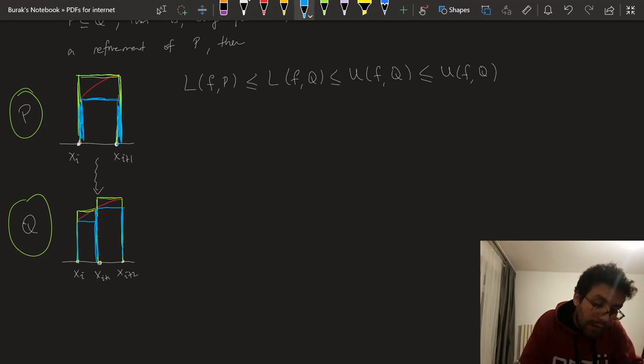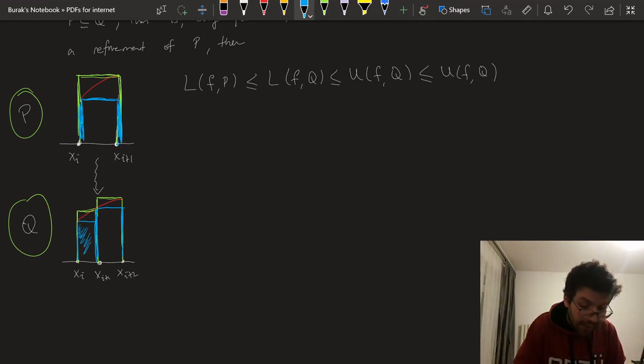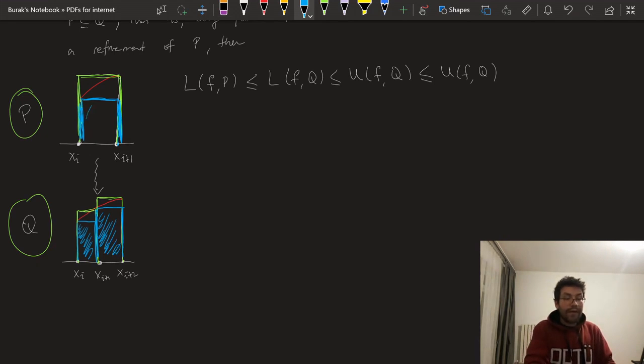So when I compute my lower Riemann sum with respect to the partition P, the area of this blue one is one of my terms, but when I consider a refinement, with more points, instead of having the area of this blue rectangle, I'm going to have the sum of the areas of these two blue rectangles, and the sum of the areas of these is greater than this.